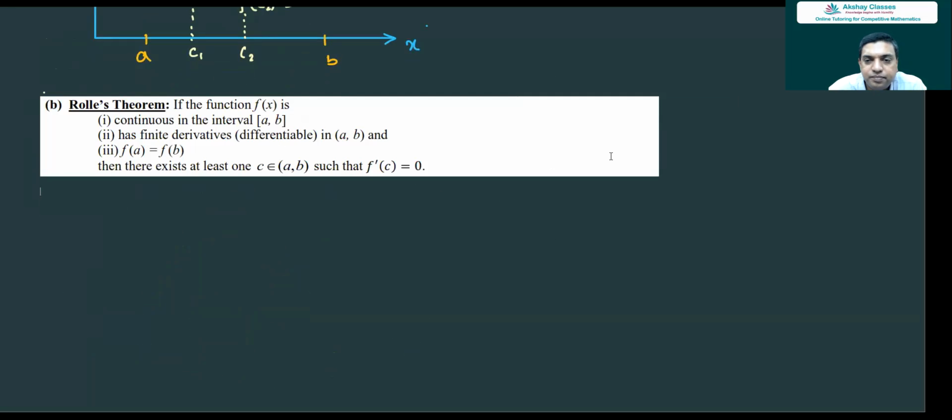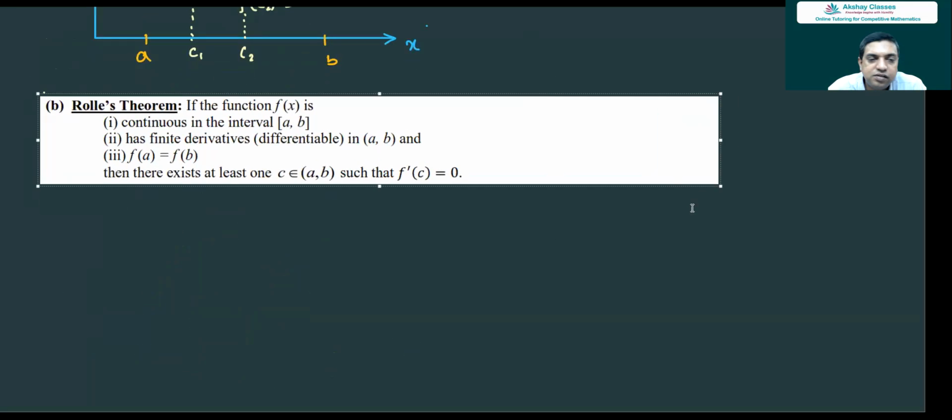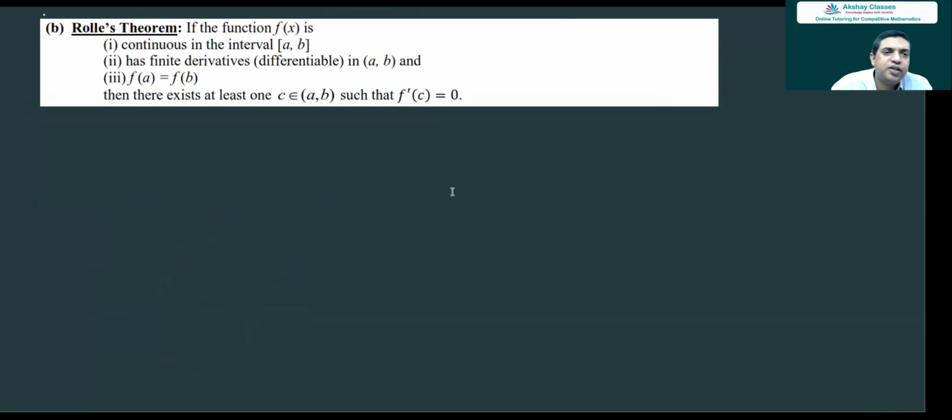Very important theorem, very often quoted and used. So if a function f of x satisfies 3 conditions, observe these very, very carefully, the 3 conditions.